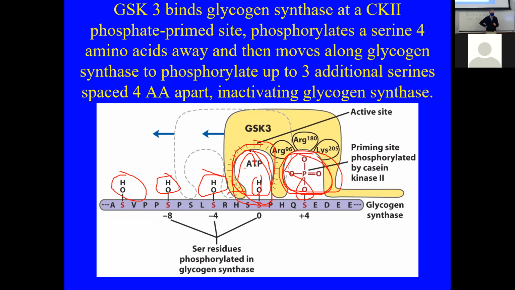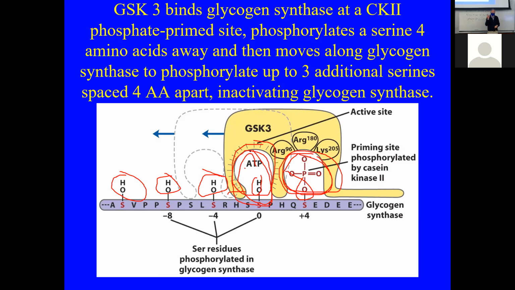I have a question. Yes. Most of the time, enzymes are activated when they're phosphorylated. Is that right? No. So it just depends on the enzyme? Yes. Because in this case, it's inactivated when it's phosphorylated. Well, the glycogen synthase is inactive when phosphorylated.